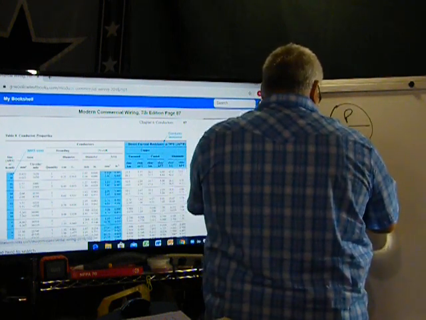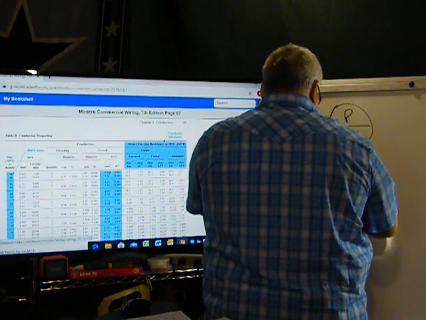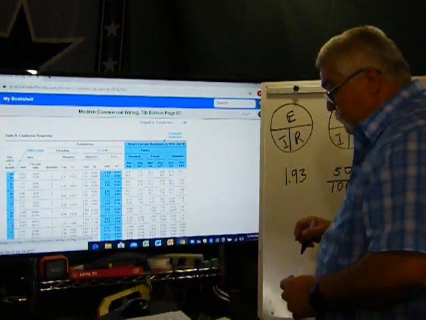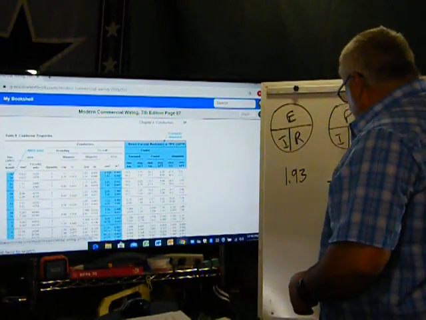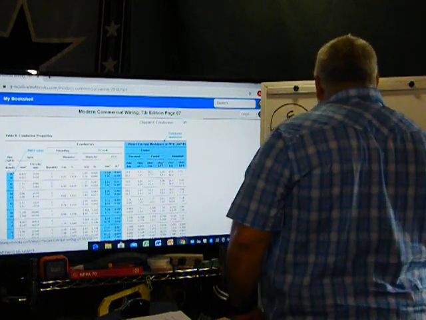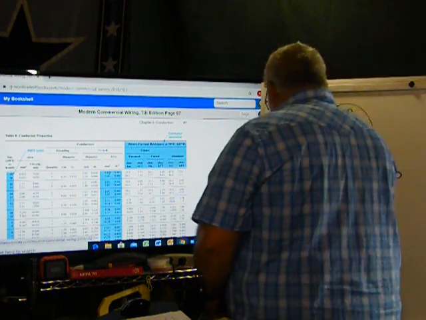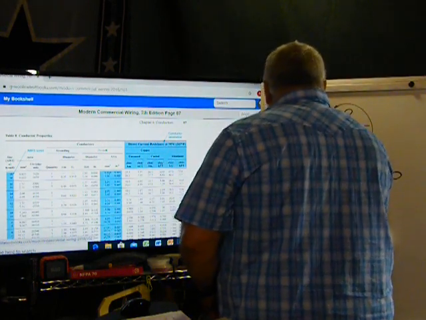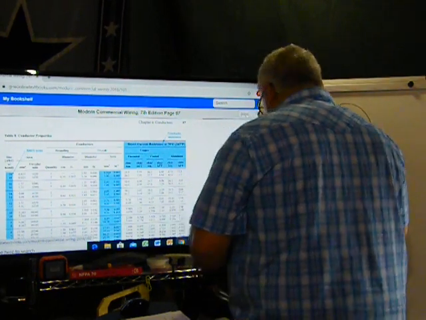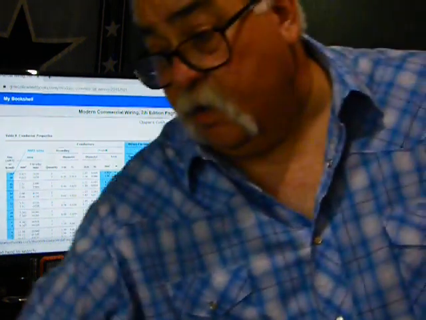Okay, so I got 50 feet. I get the 50 feet divided by 1,000. That equals 0.050. Now I get this, multiply it by 0.050, and that would be the resistance of 50 feet of wire.